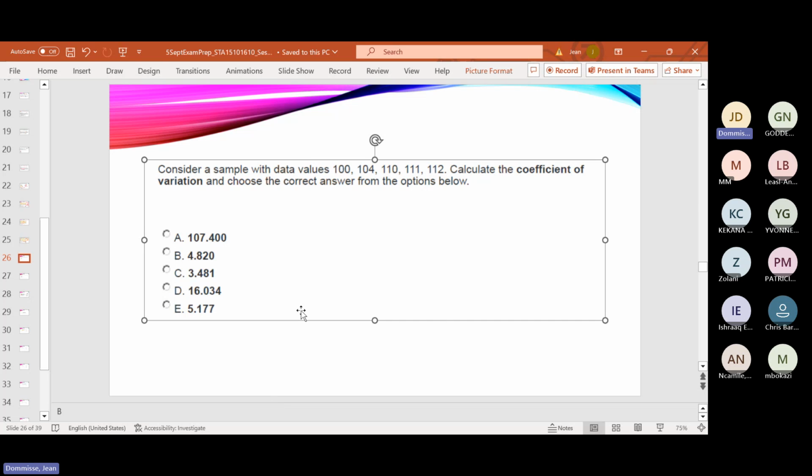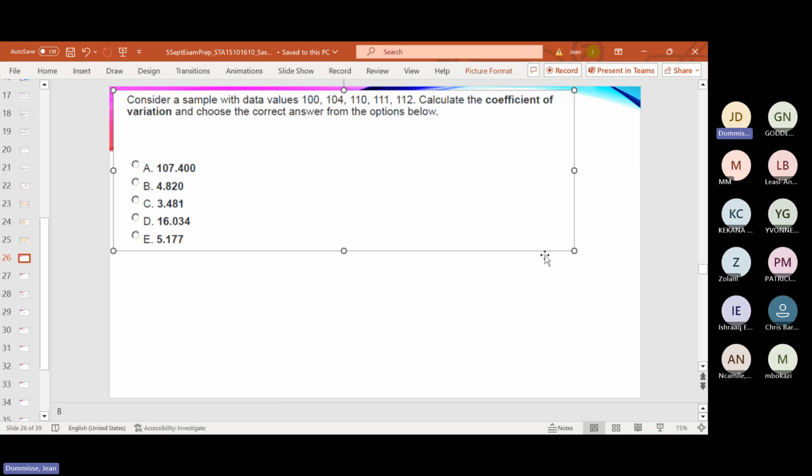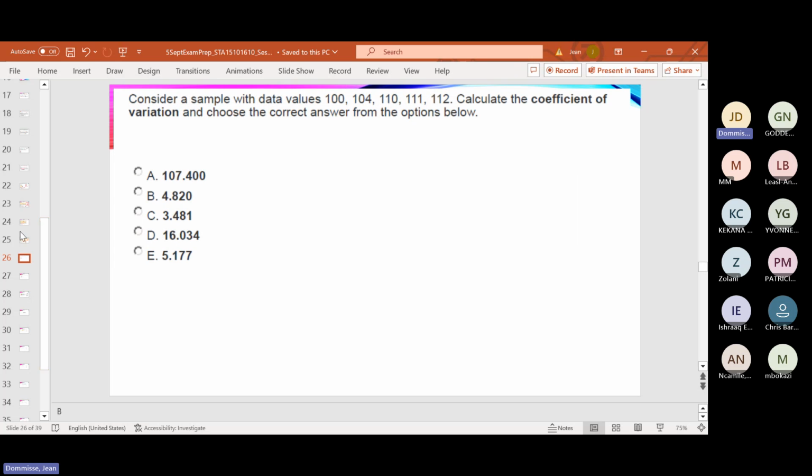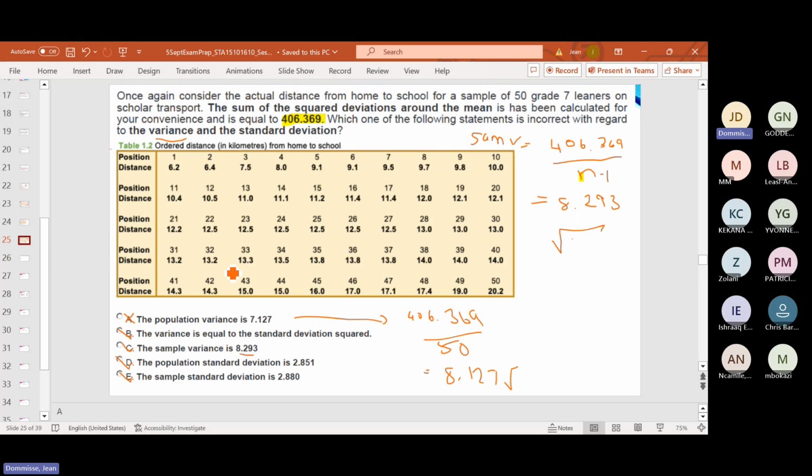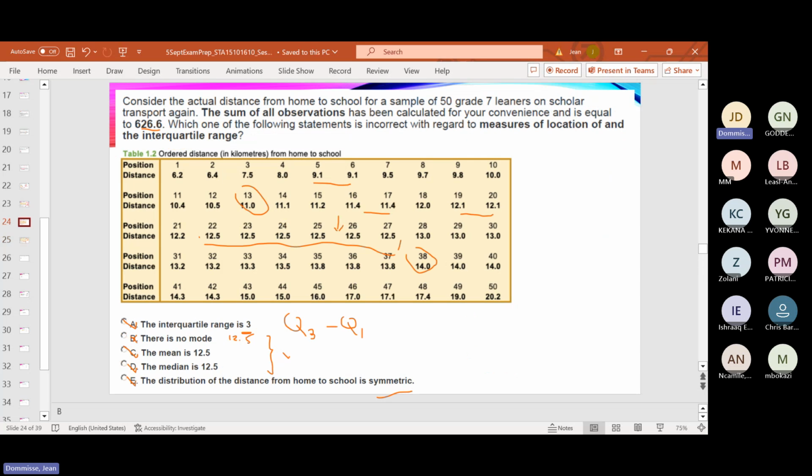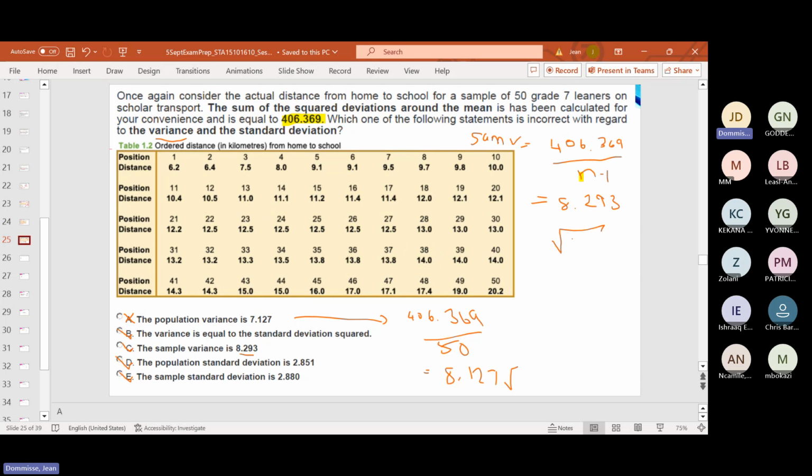Now they give us new data, but they might have done it on this data as well, because we know that for the coefficient of variation, you basically need to have the standard deviation and the mean. So in both of these questions, we actually have worked out the standard deviation and the mean.